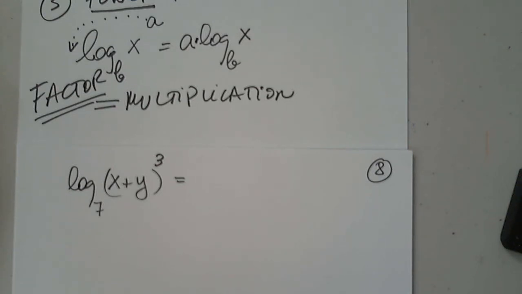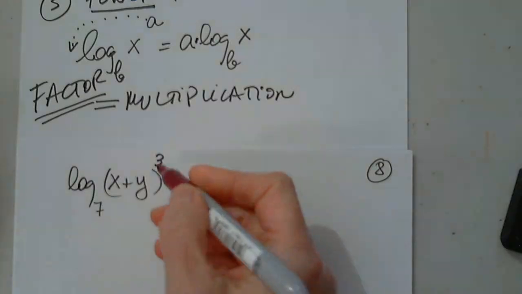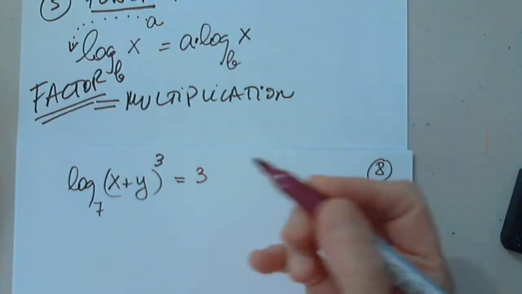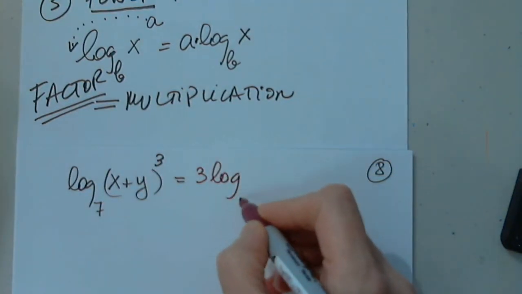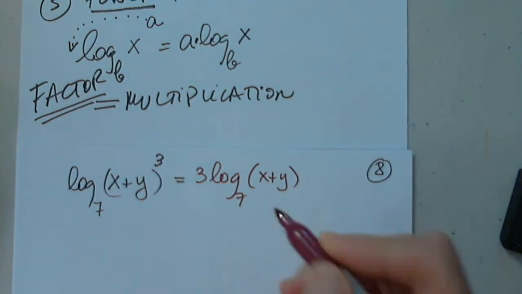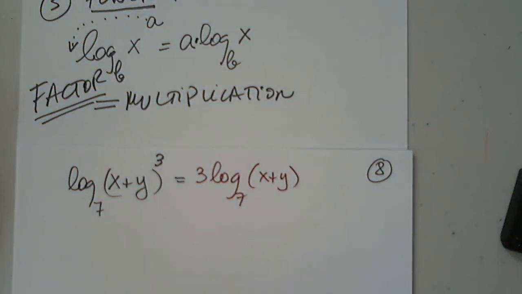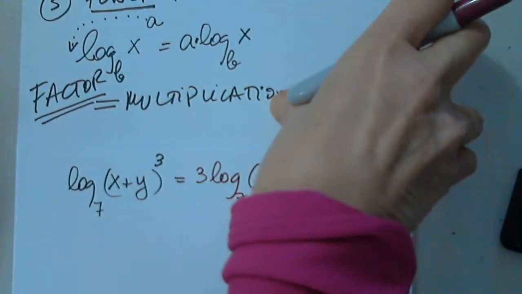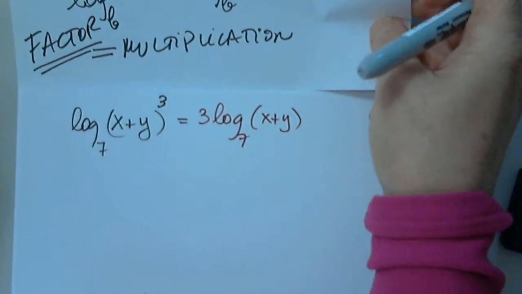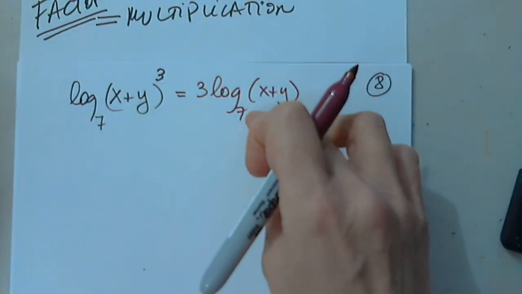It's okay if you're wrong. 3 log base 7 of x plus y? Yes, when we say 3 log, we really mean exactly what you just said. Multiplication. Perfect. Awesome.